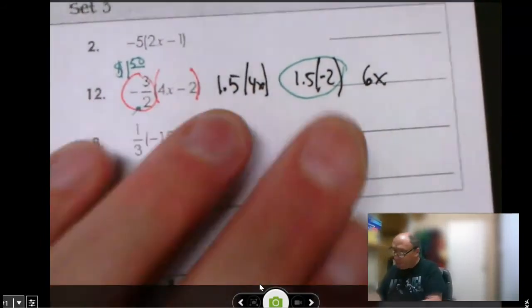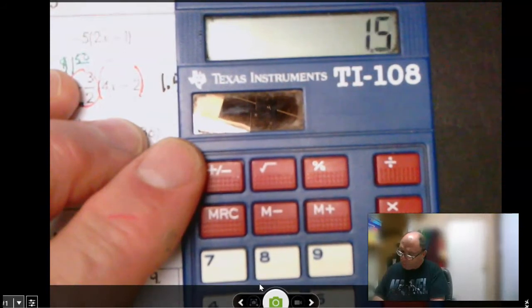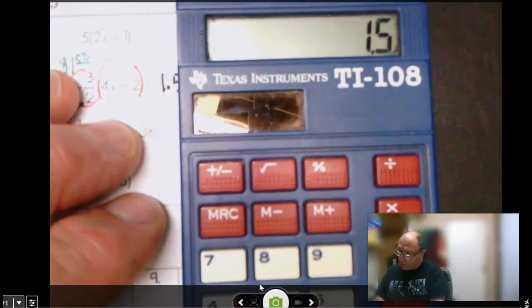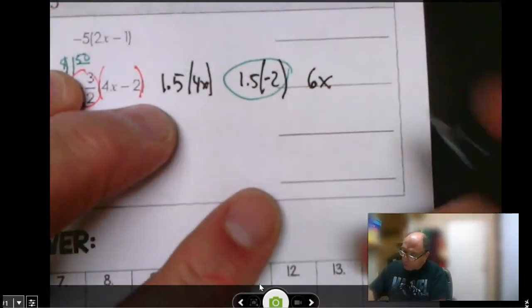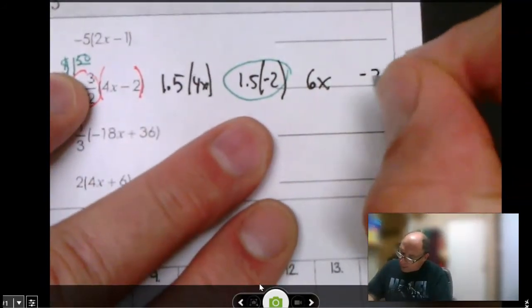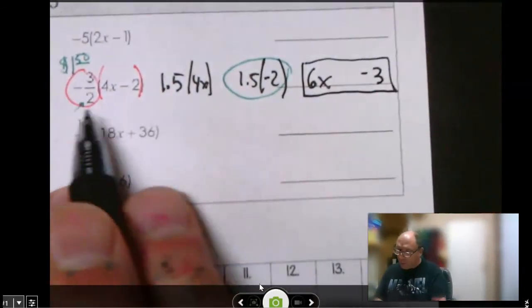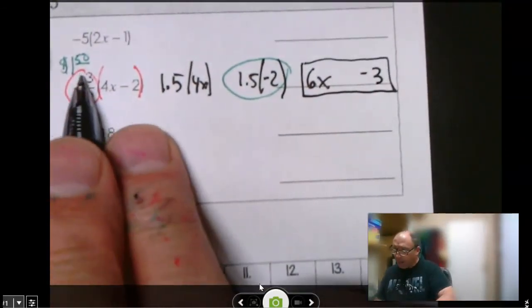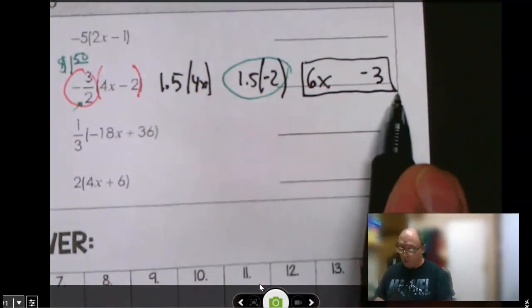And on the other one, 1.5 times -2. Clear my calculator. 1.5 times, don't do -2, I know it's going to be negative, just times 2, and we get 3. So I've got 6x and a negative 3. 6x minus 3. So that's how I want you to do the fractions. Convert it to money, write it as a decimal, and then use your calculator to figure out that answer.